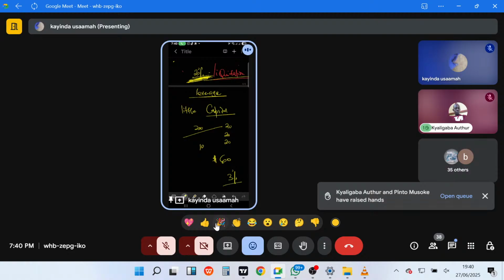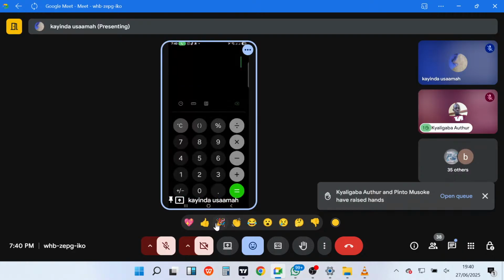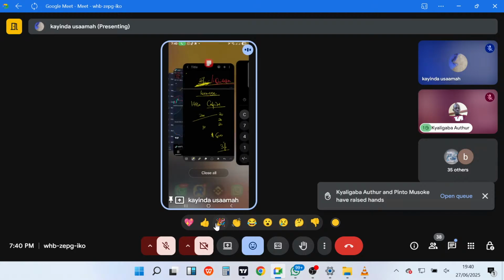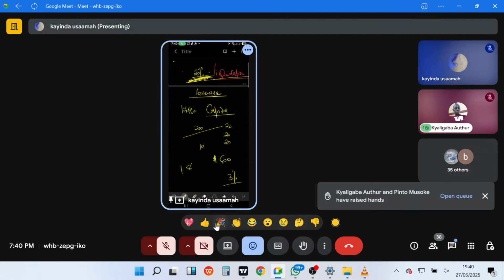What is 3% of $60? 60 times 3%, you make $1.8. What does it take to deliver the 3%? You find out that sometimes a signal takes a day.